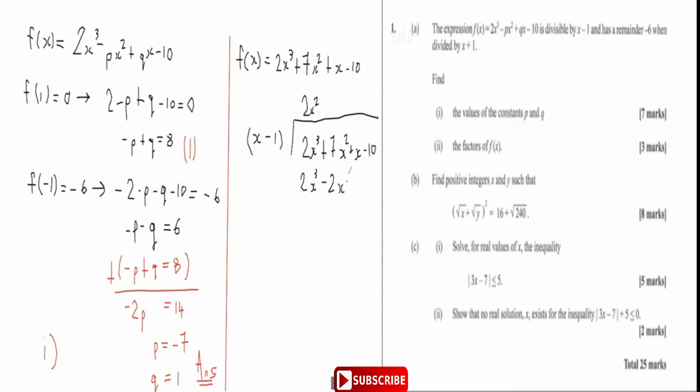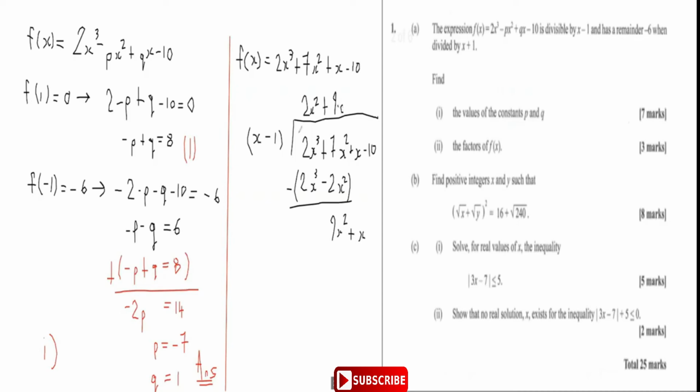Then you subtract them. 2x cubed minus 2x cubed cancels. 7x squared minus 2x squared is positive 9x squared. So we have 9x squared. We bring down the x now to have plus x. x into 9x squared leaves 9x.